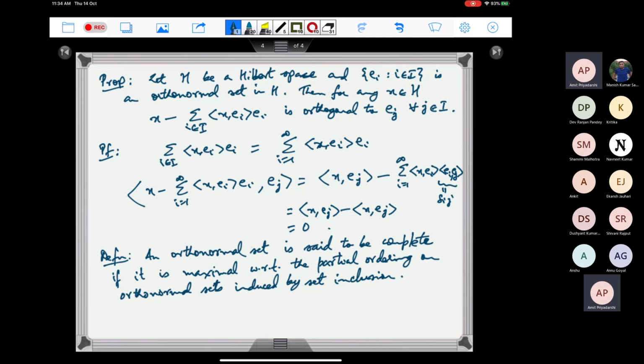And any complete orthonormal set will be called an orthonormal basis.